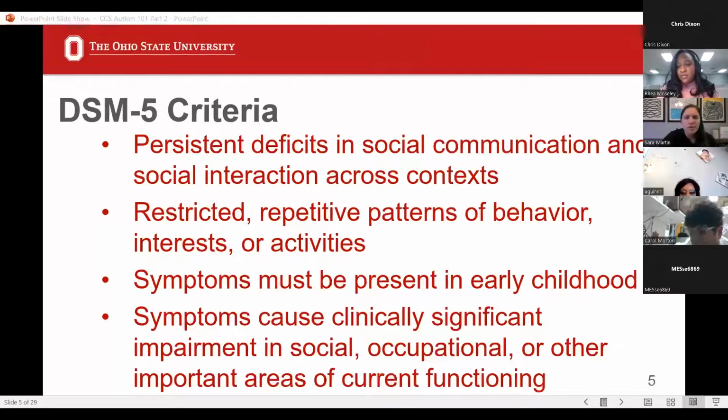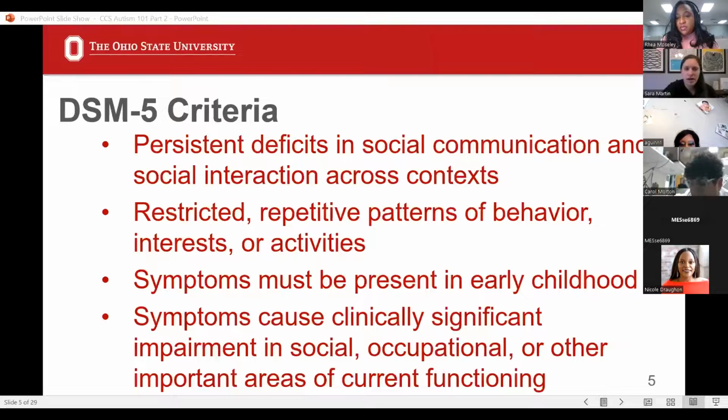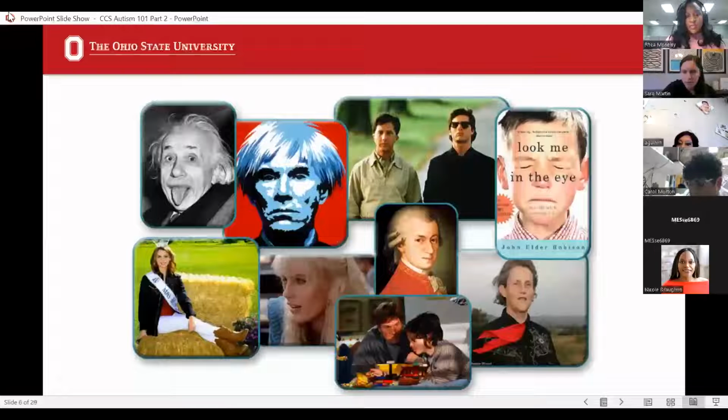So more specifically, I want to go through the definition of autism spectrum disorder in the 5th edition of the Diagnostic and Statistical Manual of Mental Disorders, so the DSM-5. And this is the criteria that many psychologists and psychiatrists will use when evaluating individuals for autism.